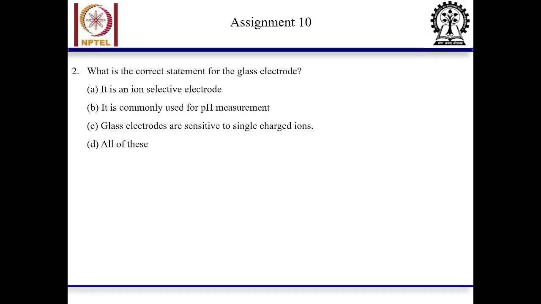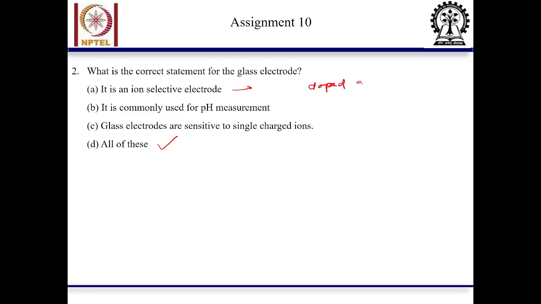Okay. So now I will tell you the answer for what is the correct statement for the glass electrode. Basically the answer D is correct. So what is the glass electrode? A glass electrode is a kind of ion selective electrode which is made of a doped glass membrane.